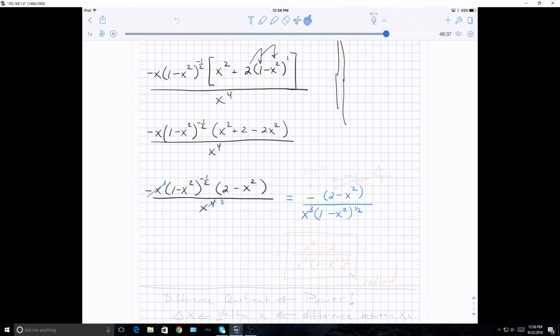And then if we just take it one more step and try to get rid of this negative, and if we factor out a negative here, then we'll turn this negative into a positive. So the final result looks like it's going to be x squared minus 2.